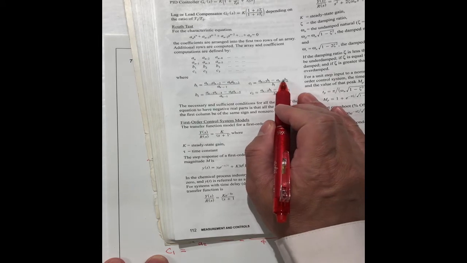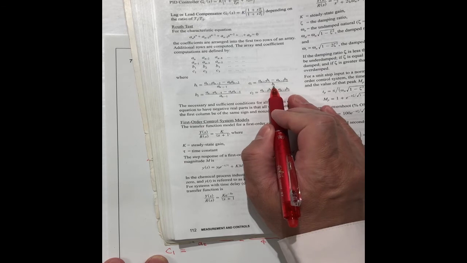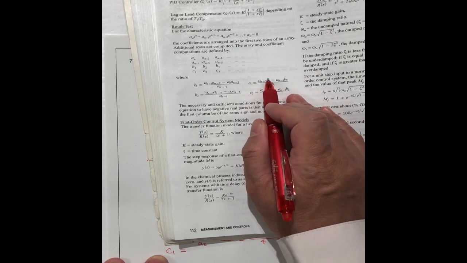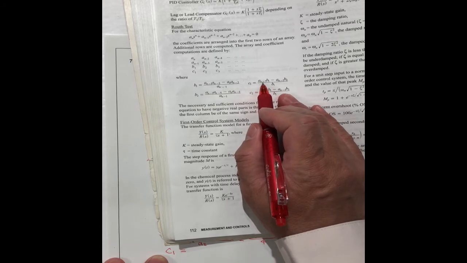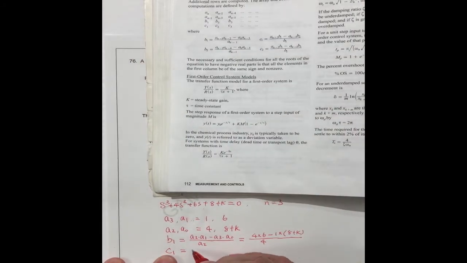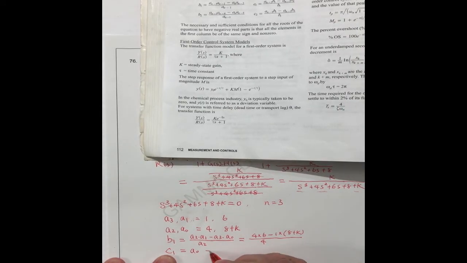So b2 is 0, and we can cancel the b1 term. So c1 is equal to a0. What is a0? a0 is 8 plus K.